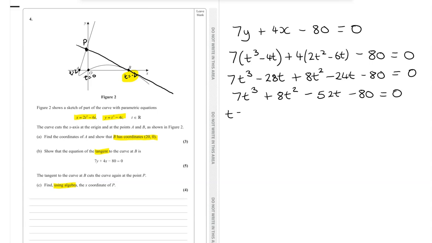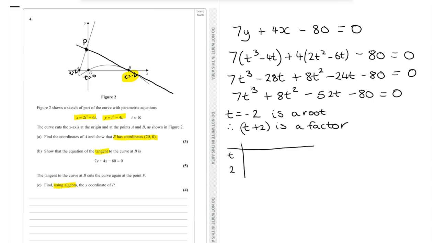So I know that t equals minus 2 is a root of this equation, which means t plus 2 is a factor. Using the factor theorem, when I put in minus 2, that's going to be a root. So t plus 2 must be a factor. So I can just do some division here.